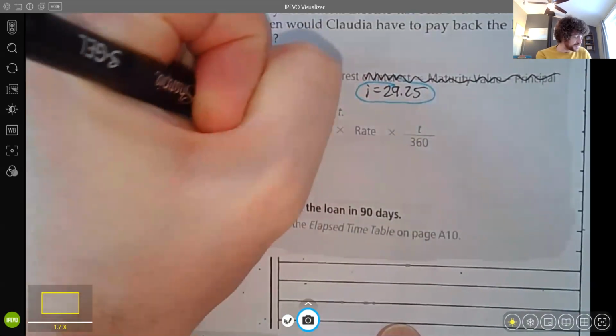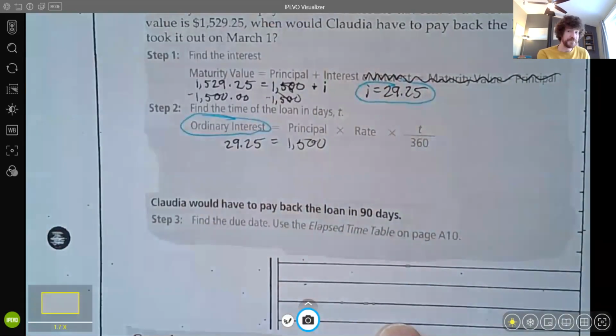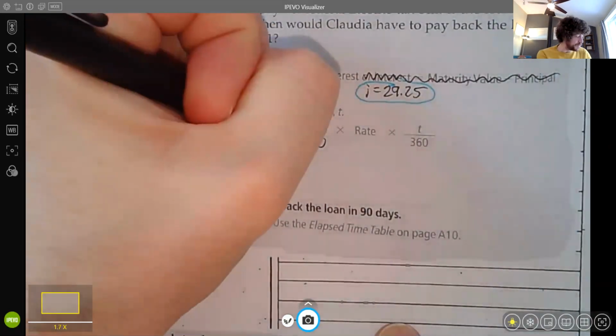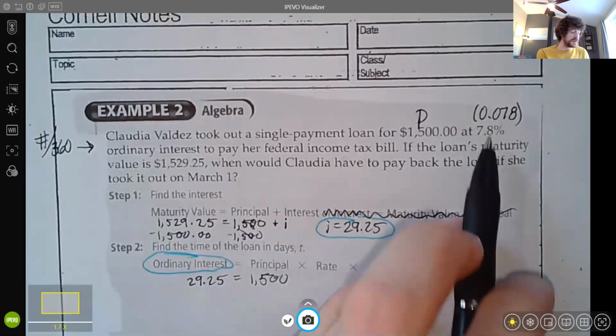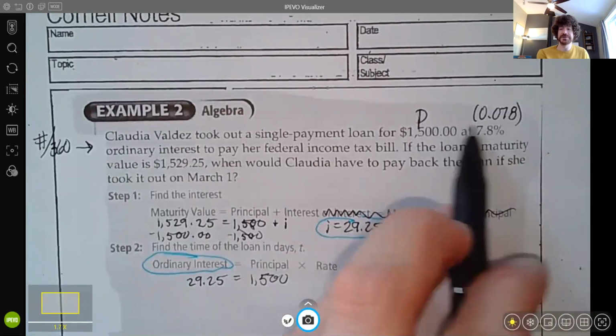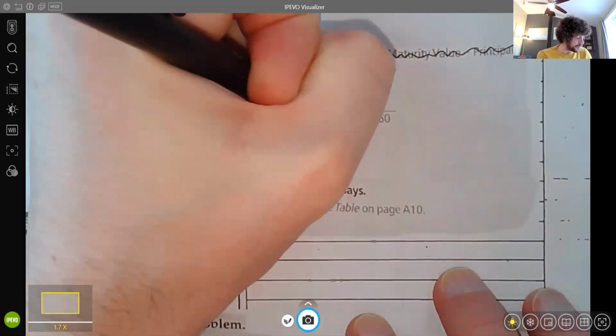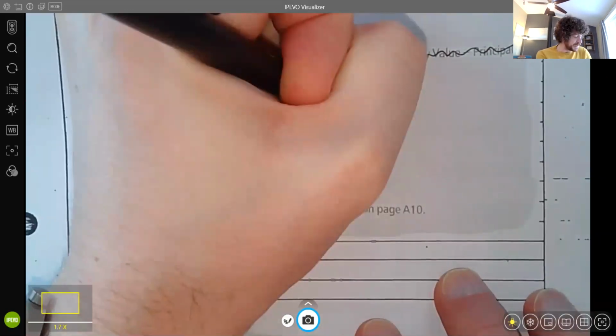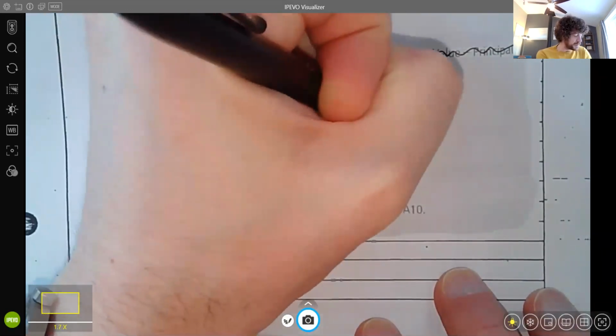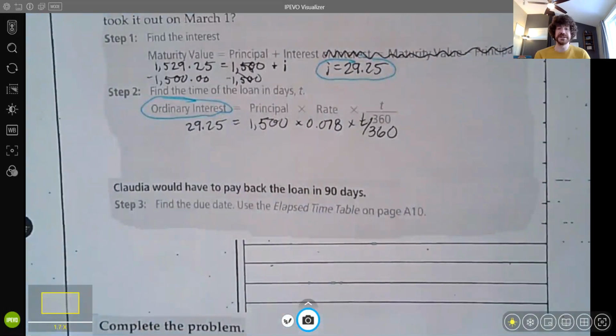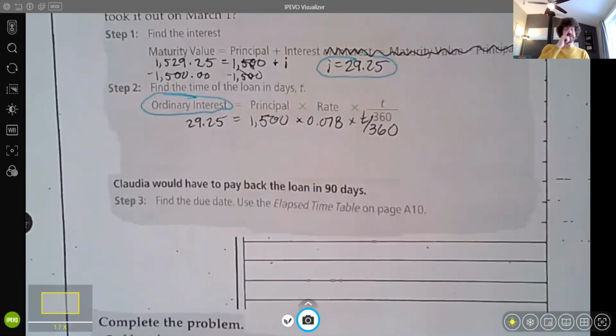The principal value was $1,500. The rate, 7.8% or 0.078, multiplied by T over 360, because we're solving for T. So it's three things that are getting multiplied together here.